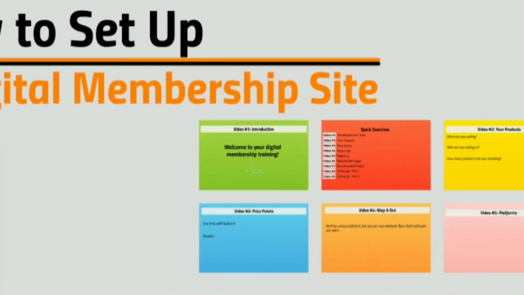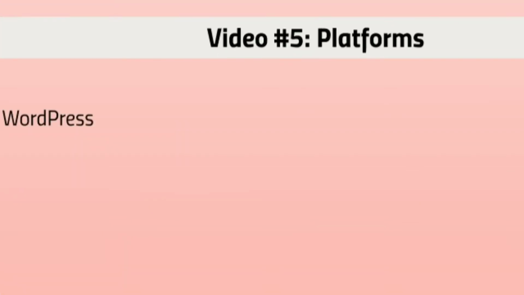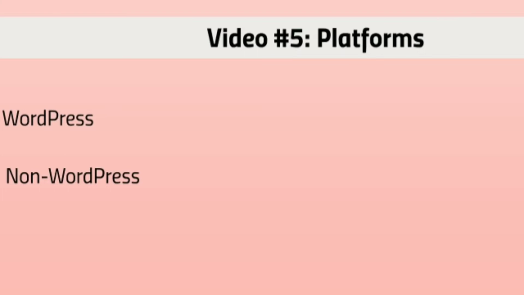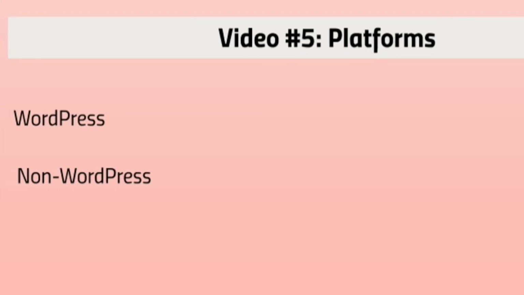The membership scripts nowadays actually have WordPress plugins or even non-WordPress plugins. So you really have to think about what your main site is going to be using. I would say the majority of you are probably going to stick with WordPress, just because the majority of themes out there are made for WordPress.